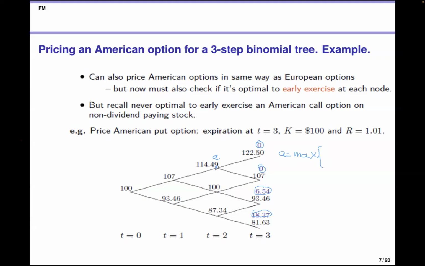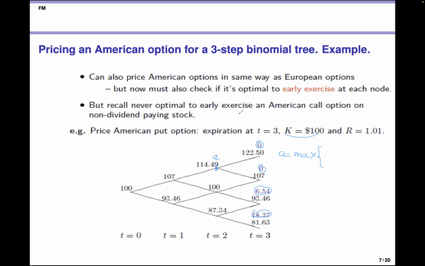If in this node we immediately realize our option, what will be the price? In node A, K minus S, the price 114.